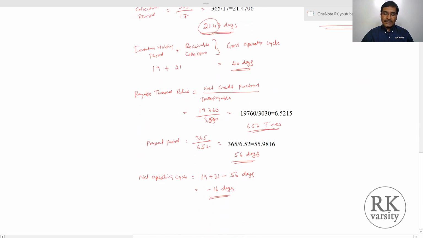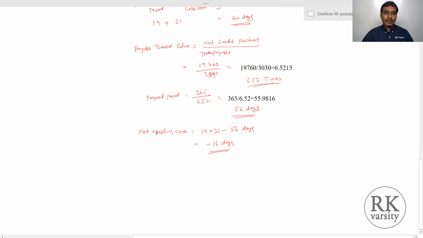On the other hand, when you are making a payment to your creditors, you are taking much more time, that is 56 days. In the sense, you are getting an additional benefit from your creditors. The time lag in making a payment is nearly 2 months. So on one hand, you are receiving your cash very fast, and on the other hand, you have the flexibility of delaying payment by 2 months.